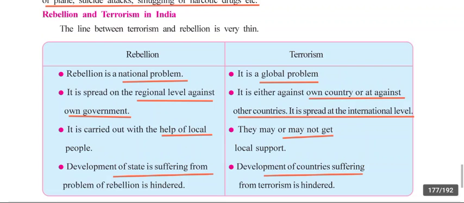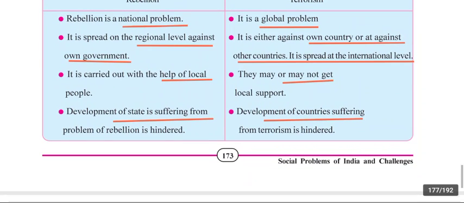Now Kashmir is a kind of an exception, because terrorists have brainwashed the people of Kashmir that they are fighting for the purpose of freeing Kashmir. So many local people support terrorists in Kashmir, and many local people do not support terrorism in Kashmir. So terrorists may not get support from the local people.